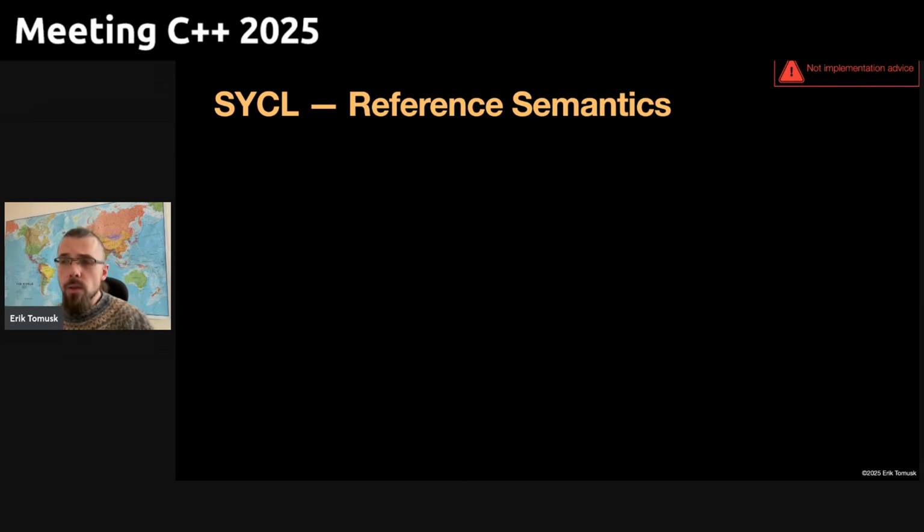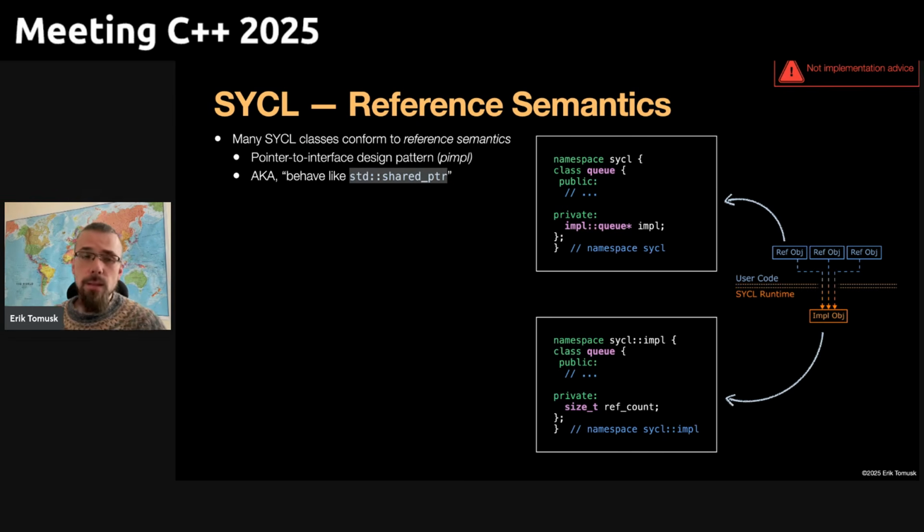There are two features of SYCL that are relevant here that I want to draw out for us. The first of these is reference semantics. Many SYCL classes implement what SYCL calls reference semantics, and this is sometimes called a pointer to implementation design pattern, or PIMPL, and another way of putting it is they behave a whole lot like a std::shared_ptr in C++.